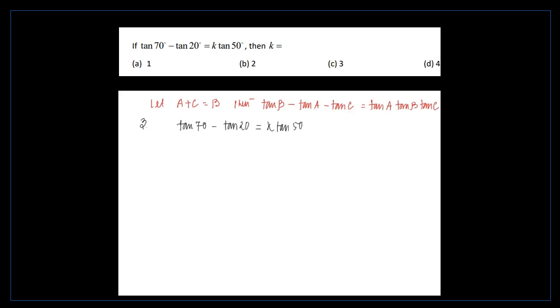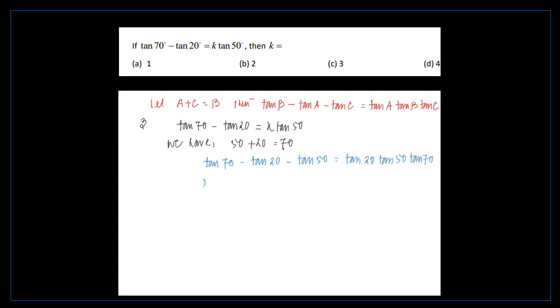Now here we have 50 plus 20 equal to 70. So as per the shortcut, we can write here tan 70 minus tan 20 minus tan 50 equal to tan 20 tan 50 tan 70.